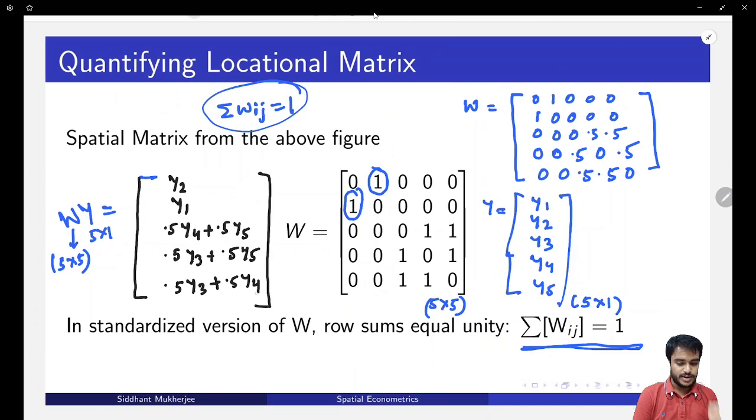This will be the whole matrix, and we can consider this as y star, right? This is a 5 cross 1 matrix. After this, we know the matrix multiplication rules, right? If two locations share a common location, it is called spatial effects. After pre-multiplying by the weight matrix, we get the locational effects. Understand?